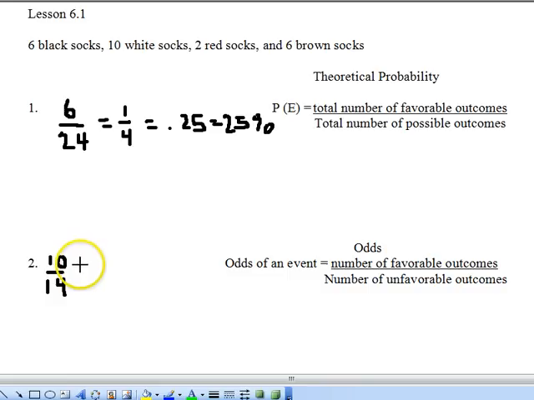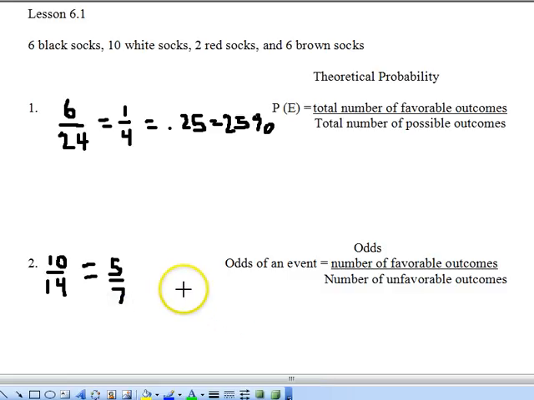10 over 14, you can reduce that. 2 goes into 10 5 times, and 2 goes into 14 7 times. So that's 5 over 7.